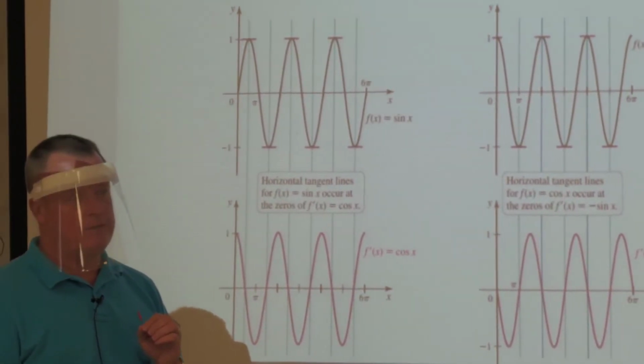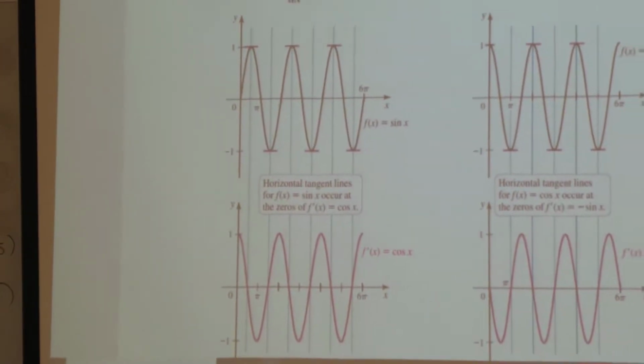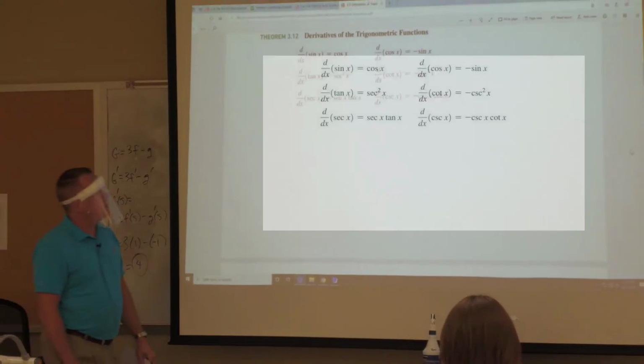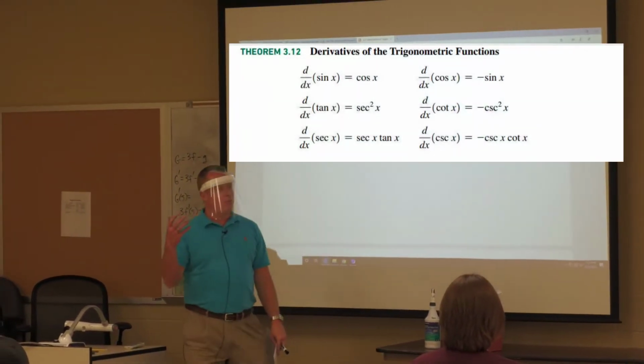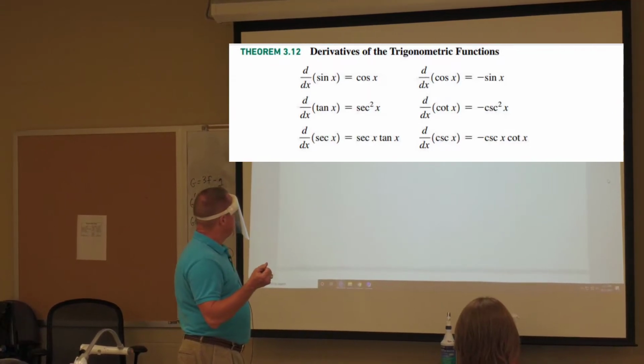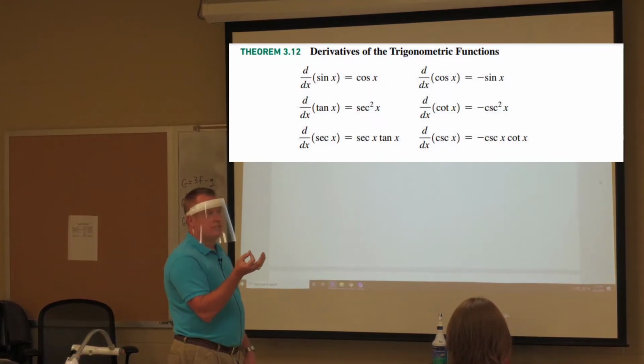Okay? Now, the others, they just give you. I think there's a problem later where you have those. So here they are. Okay? Now, how to remember them? Well, sine goes with cosine, tangent goes with secant, cosecant and secant go together. That's usually kind of how it works.